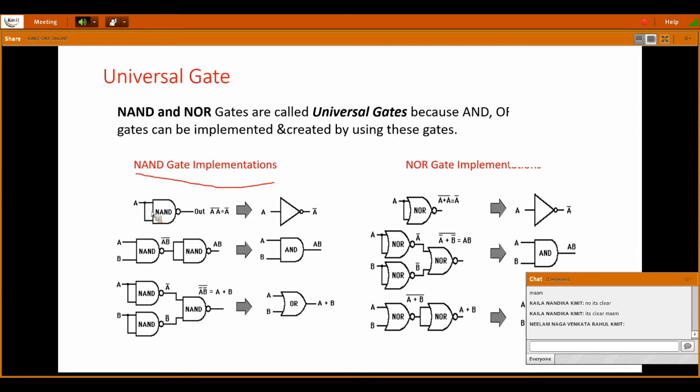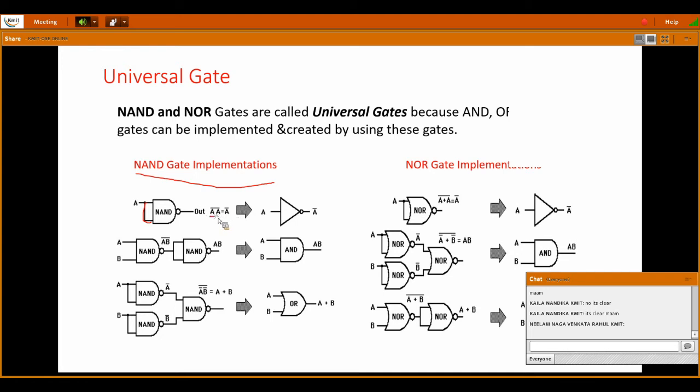Since a 2 input NAND gate is taken but the NOT gate has only 1 input, the 1 input is connected to both inputs of the NAND gate, shorted together. And the expression of a NAND gate is A dot B whole bar. So here the 2 inputs are A and A. So A and A whole bar is nothing but A bar.